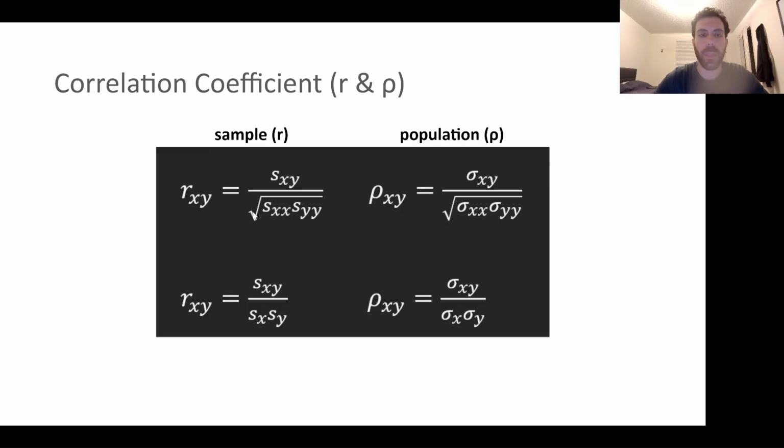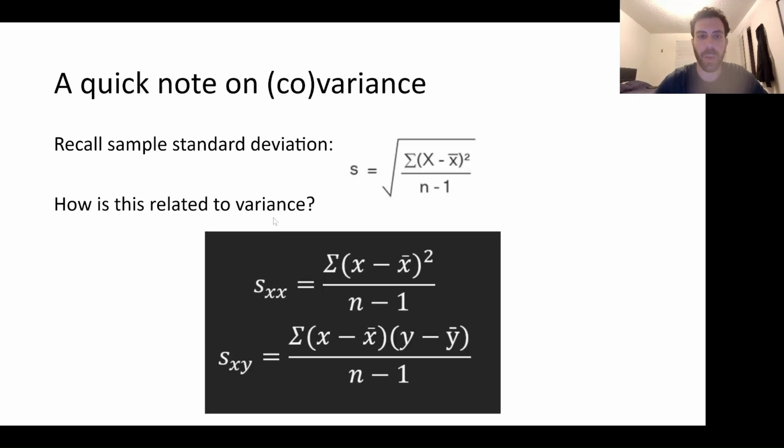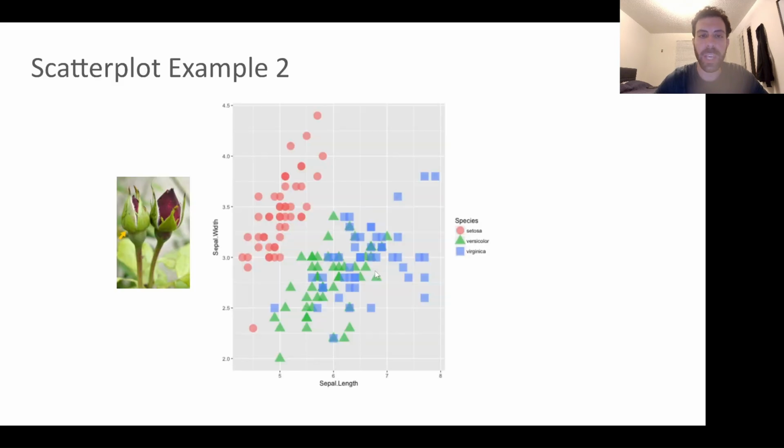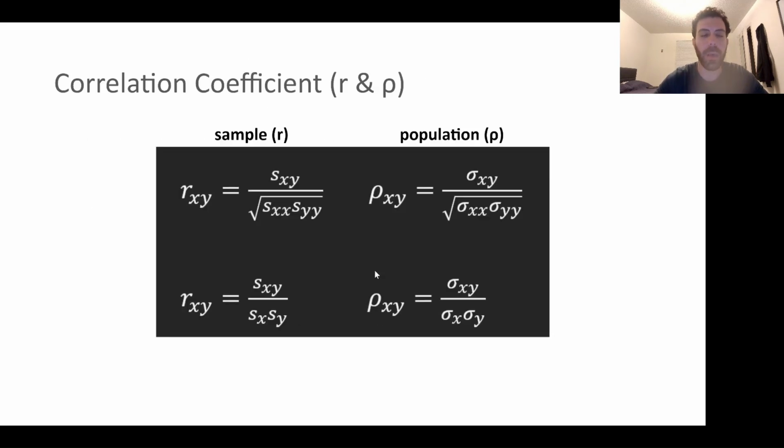Well, remember what SXX represents. If I go back to the previous slide, this is the variance of x, or you could think of it as the covariance of x with itself, which is the same thing. When you take the square root of that, you get the standard deviation of x. Same thing with y. You get the standard deviation of y.